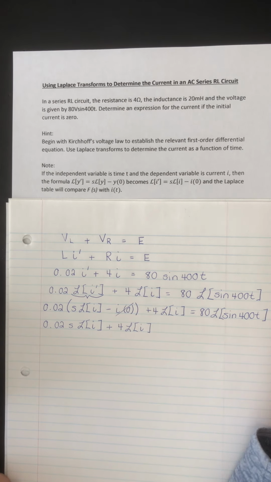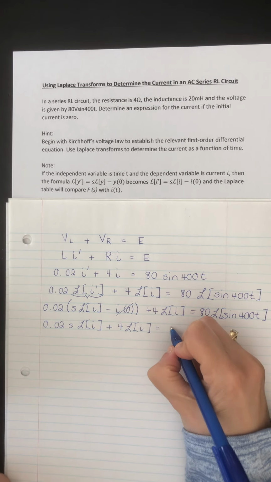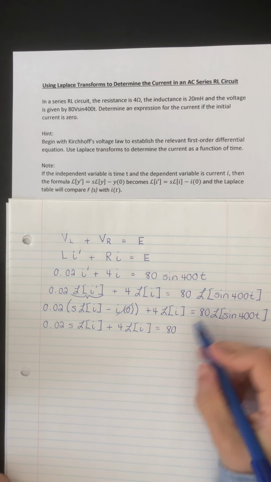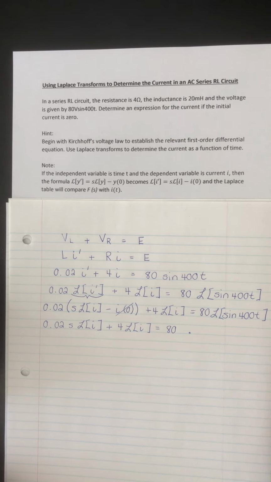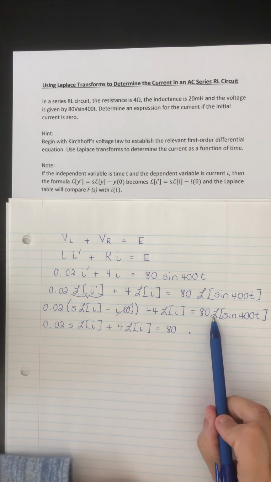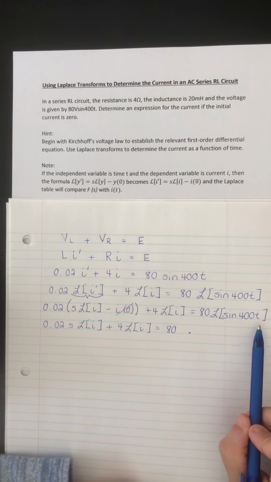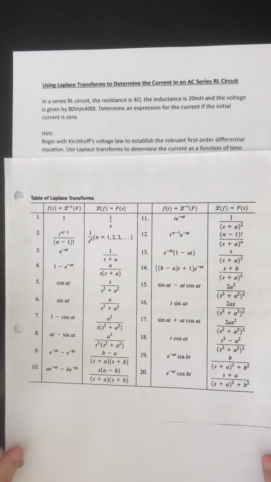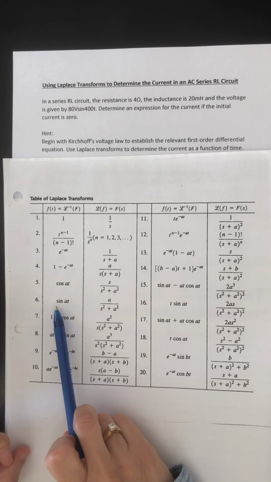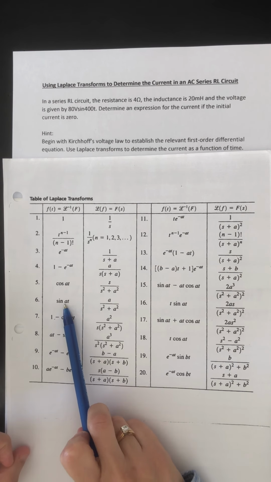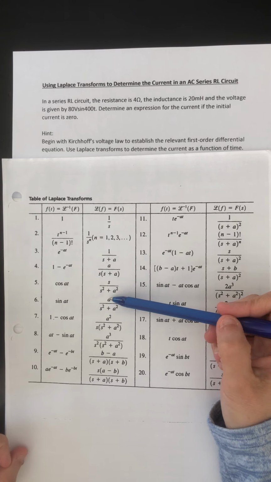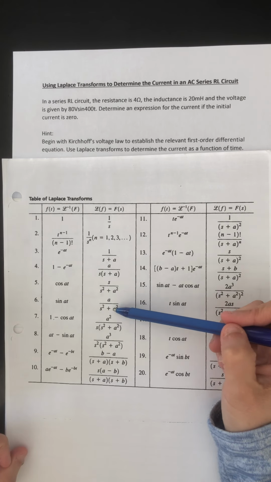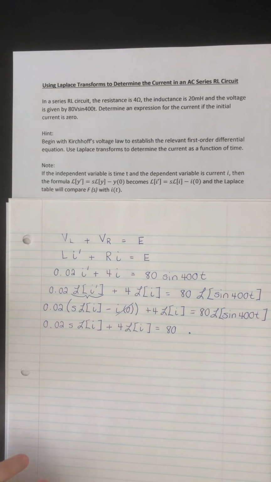Now, on our right side here, after 80, so 80 remains as a multiplier, what I need to do is write down what the Laplace transform of the sine of 400t is. So we use our table and we find that we can use transform number 6 with a equal to 400. So we're going to have 400 over s squared plus 400 squared.